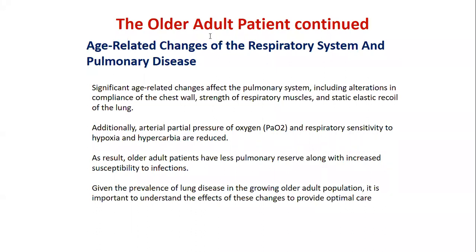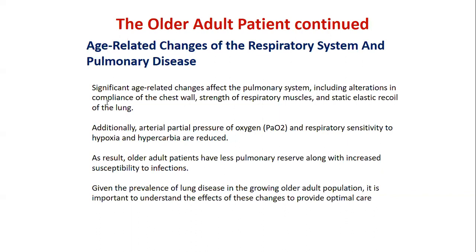So, age-related change in the respiratory system and also pulmonary diseases. Significant age-related changes affect the pulmonary system, including altered compliance of the chest wall, strength of respiratory muscle, and also static elastic recoil of the lungs. So age-related change occurs in the respiratory system, basically airway function and structure.